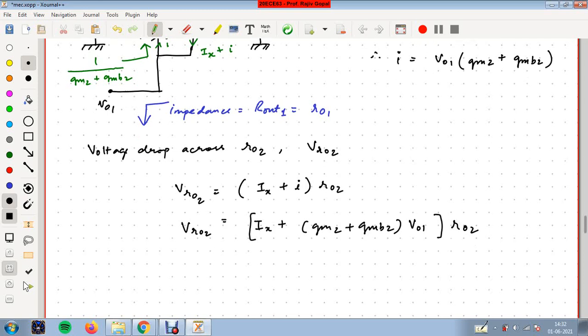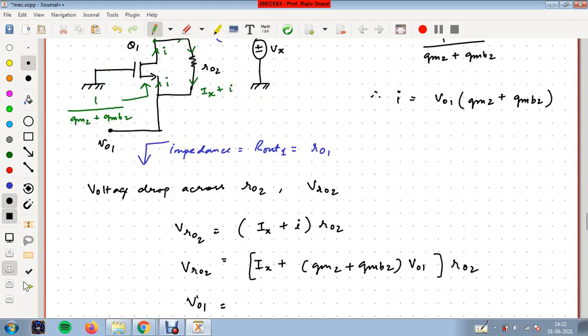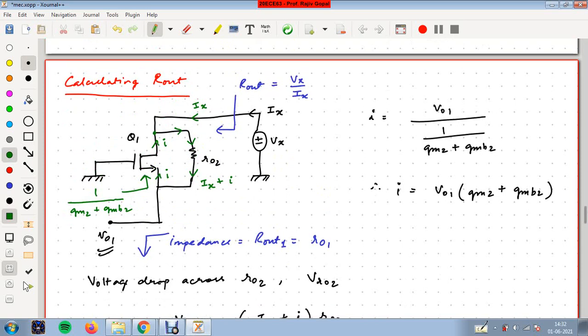Right. And V01. Okay, V01. This impedance, this voltage. Okay, that voltage is nothing but Ix. Remember, Ix is a current which is coming from the Vx. So the same current should flow here also.